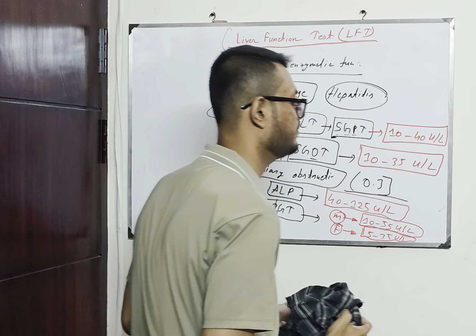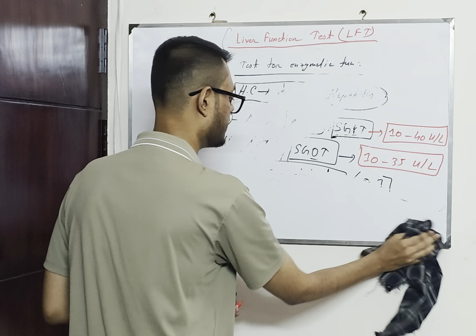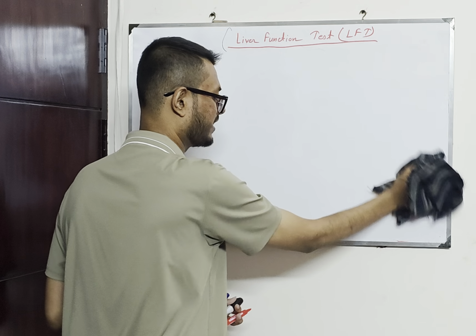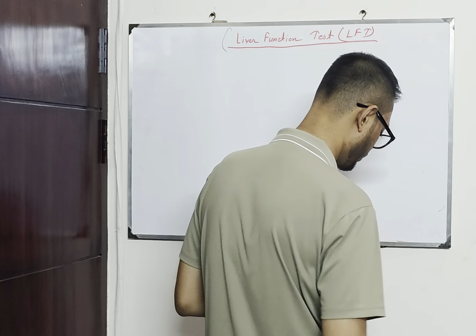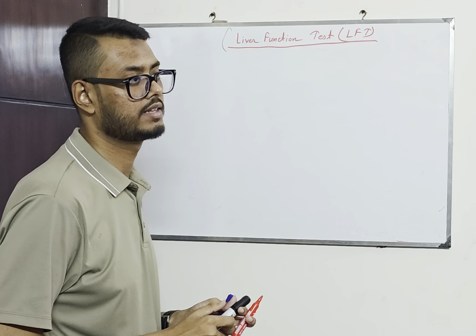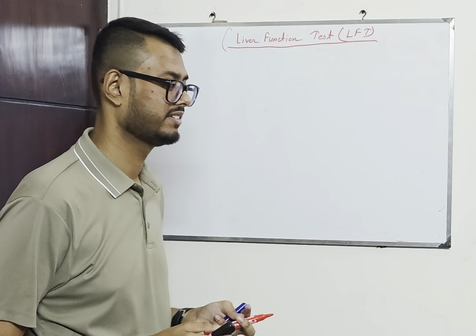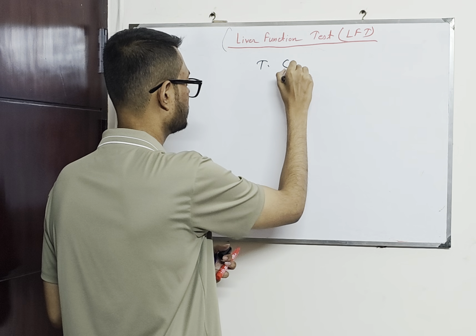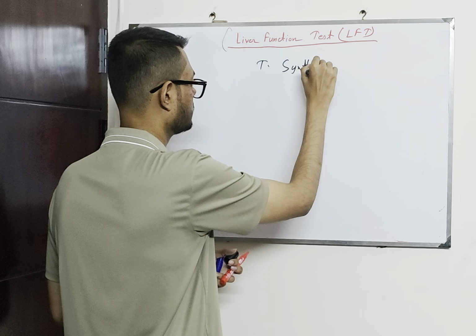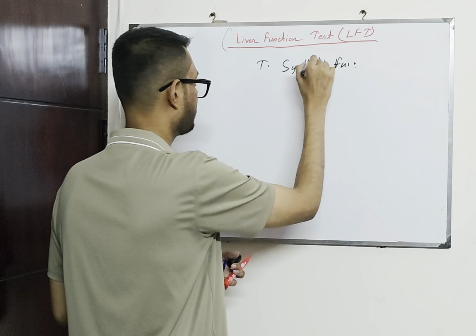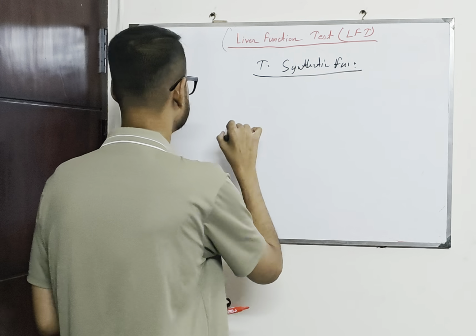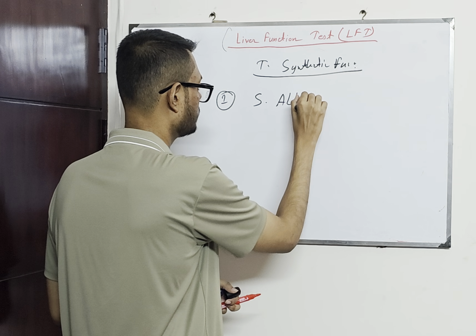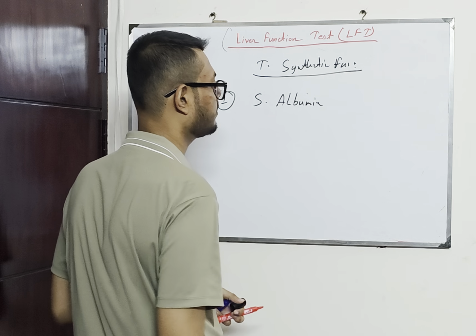Now we will see another thing that we have said, that is the test for synthetic function. We know that the liver synthesizes proteins, the albumin. So, test for synthetic function. The first thing that we are going to see is the serum albumin level.